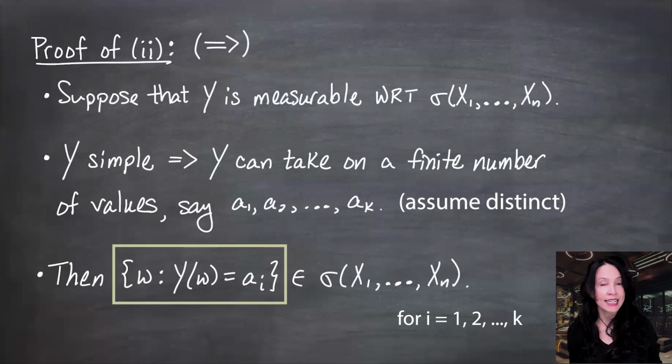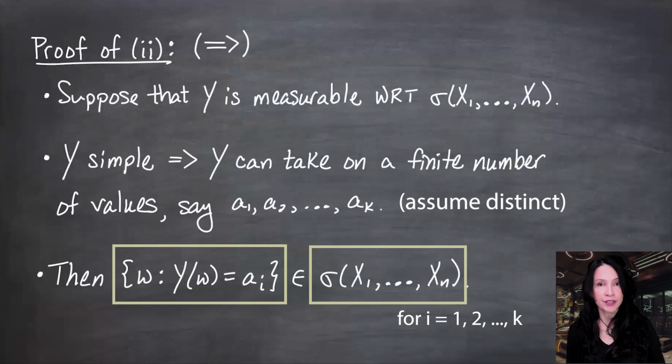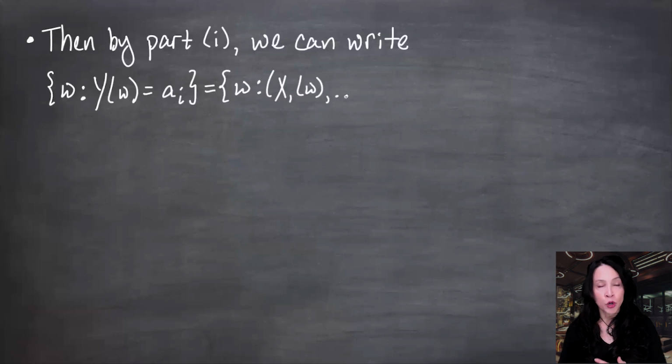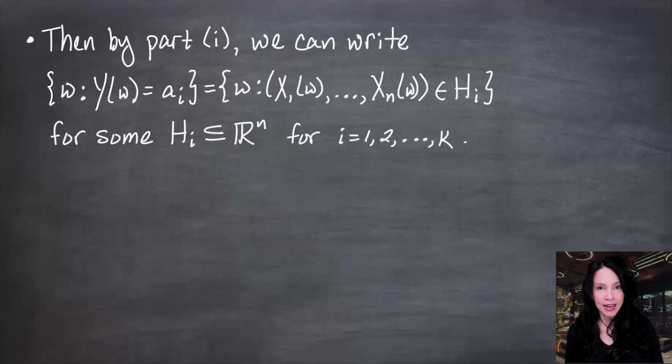Now, if this set is in this sigma field, by part I of this theorem, we know that we can represent this set with one of those Rn sets, H. So I'm going to write this set of omega for which y of omega is ai to be the set of omega for which x1 of omega through xn of omega is in some set hi. I'm going to do this for a1 through ak, getting sets h1 through hk, all subsets of Rn.